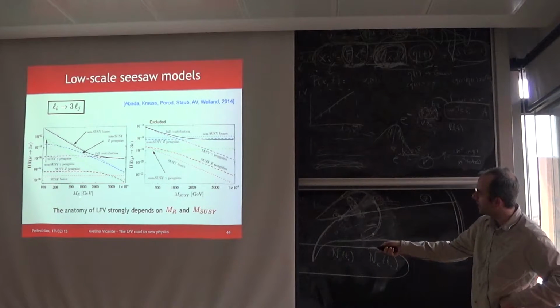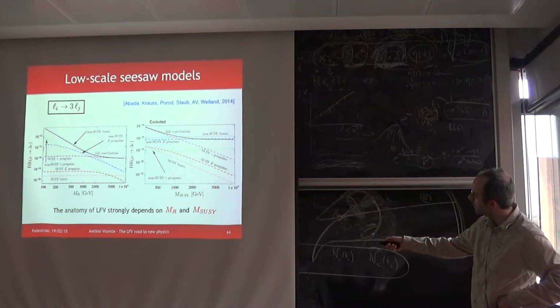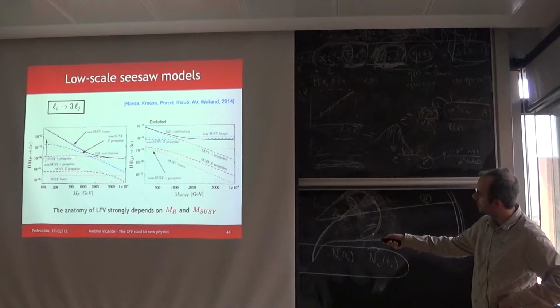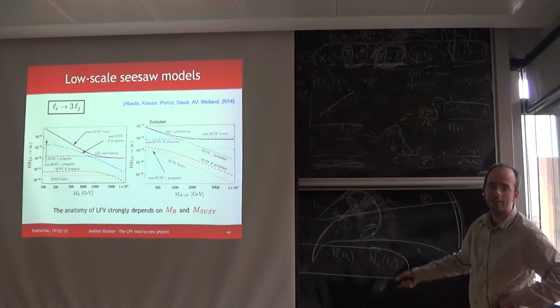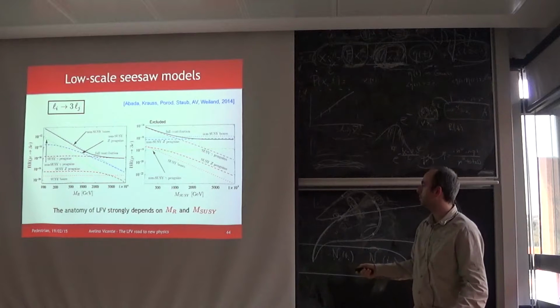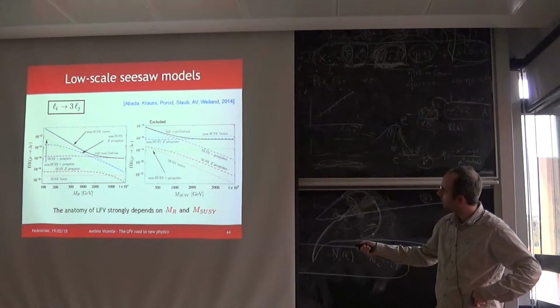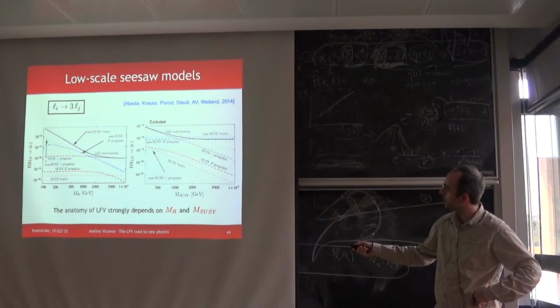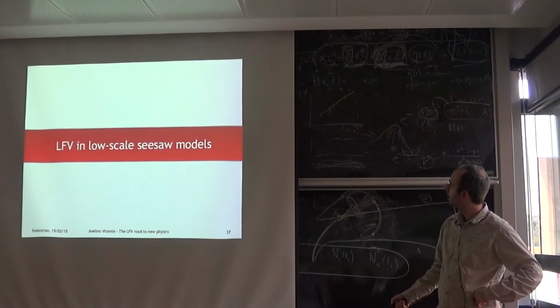But when MR is large, so when you are here, this one goes down, and this purple line, which are the SUSY, the supersymmetric photon penguins, start being more important, and then eventually they dominate. So you expect totally different results depending on whether you are here or you are here. In fact, if you are here, since the photon penguins dominate, you would expect the branching ratio for this guy to be, as I said before, let me go back.